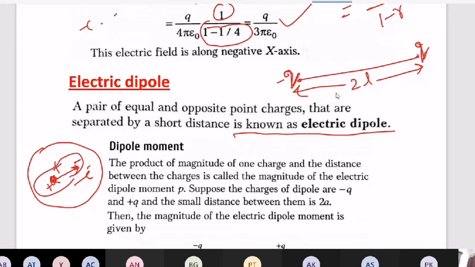So that 2L is very small compared to other distances. Because we are talking about inside the atom, the distances are very small. The size of an atom is in terms of angstrom, and inside the atom it is even smaller.